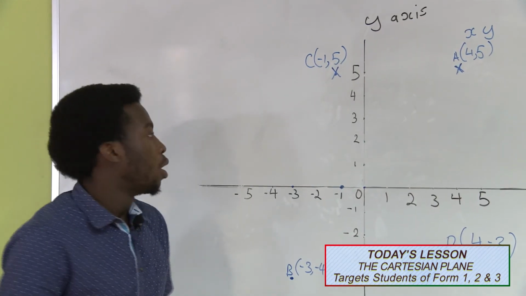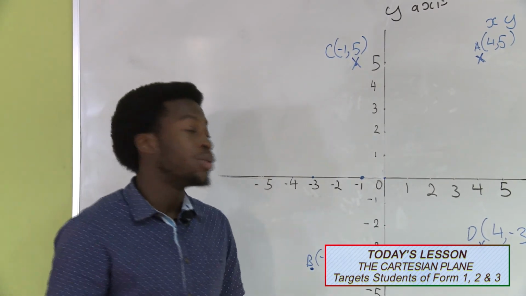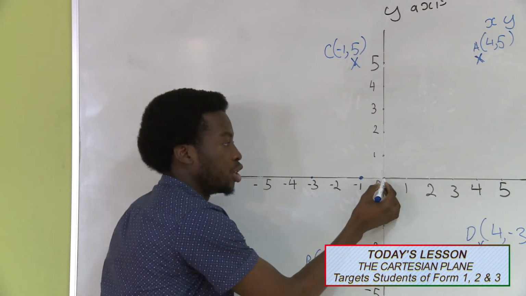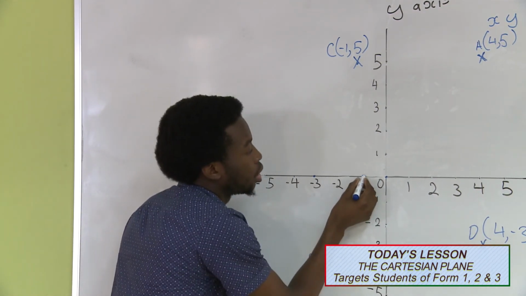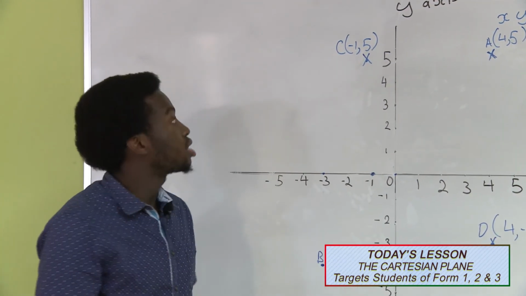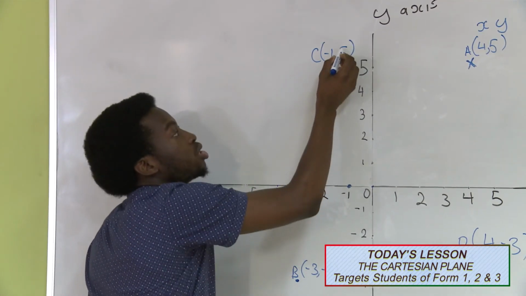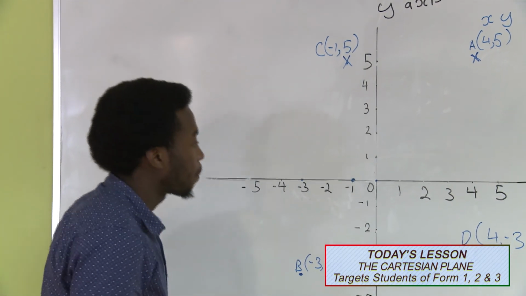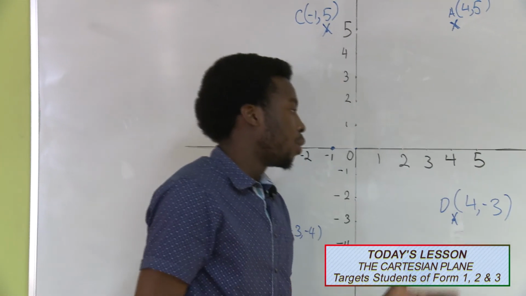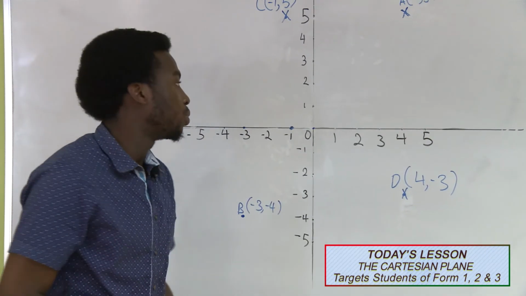Point C, we have a negative x value and a positive y value, meaning from our origin, we are going to move to the left 1 unit. And then for our y-axis, we are going to move 5 units upwards because our y is positive, leaving us with point C. Point D, we have a positive x value and we have a negative y value.